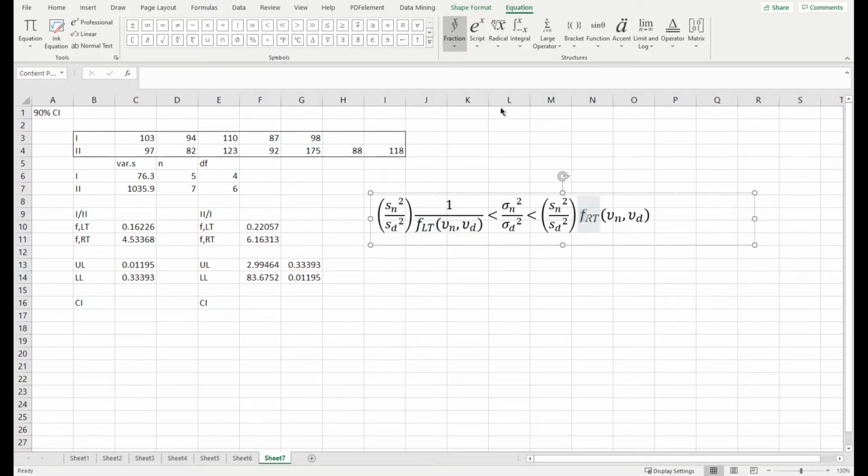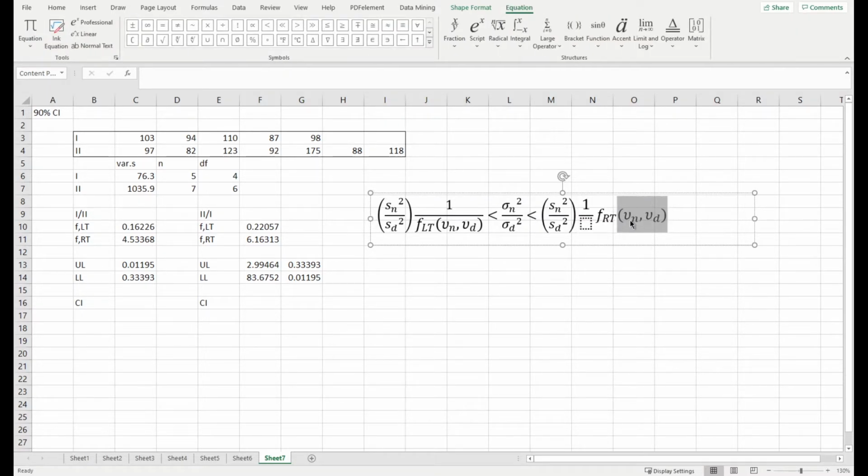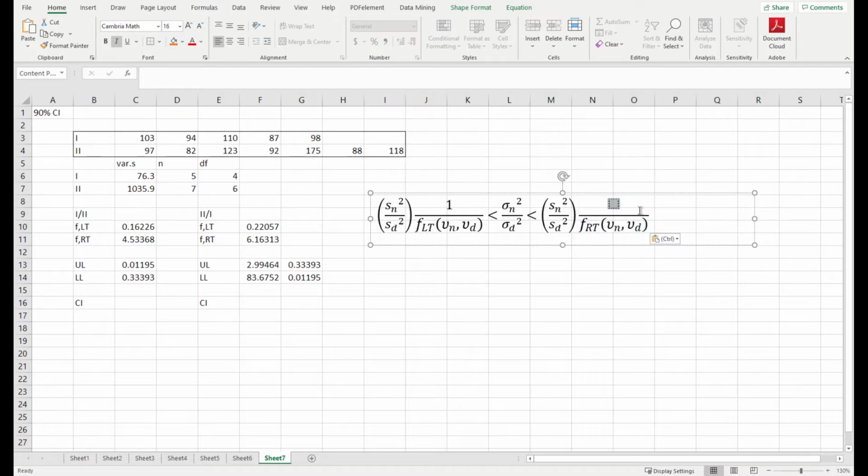Tapos itong value na to should be this value here. Medyo mali. Okay. Medyo piniki kasi itong equation editor, but we'll manage. Okay, so parang ganyan siya.